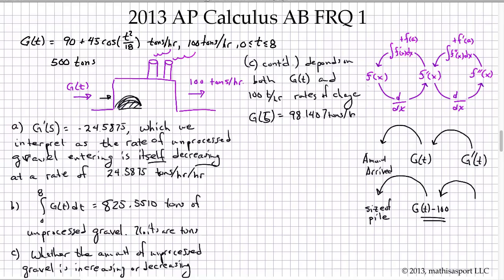And 98.1407 minus 100 is less than 0. Therefore, the amount of unprocessed gravel is decreasing.